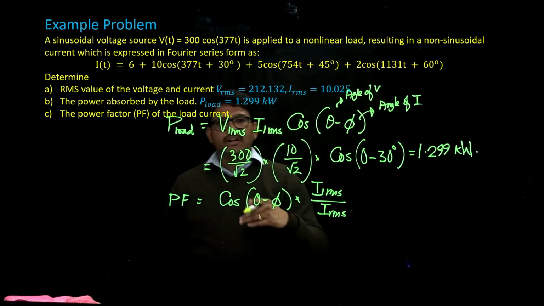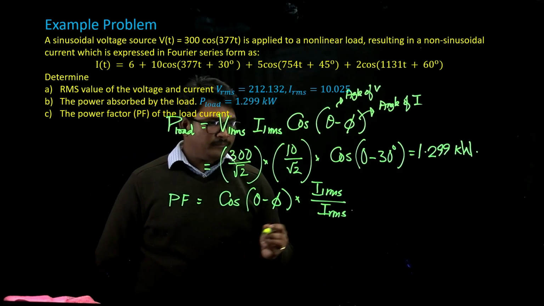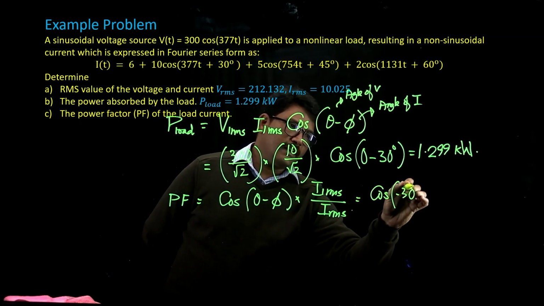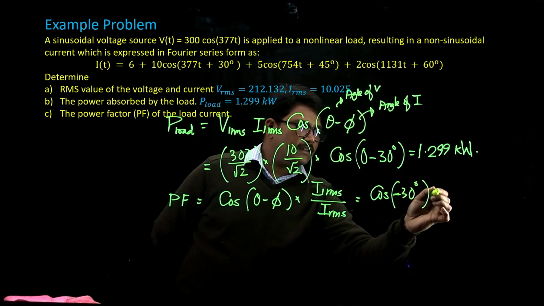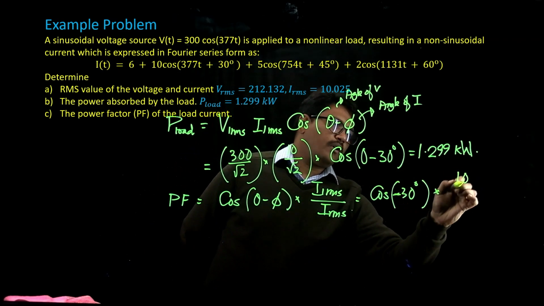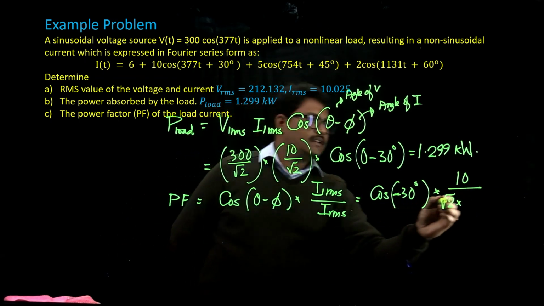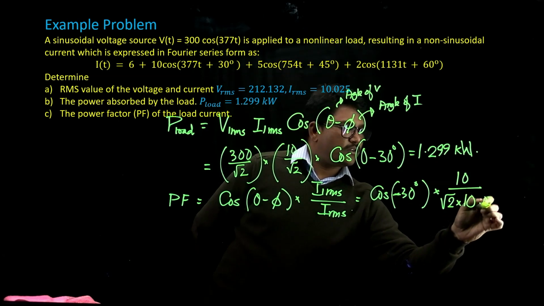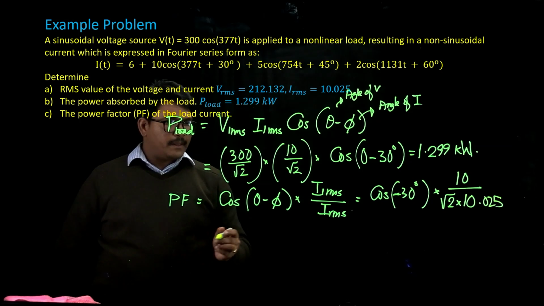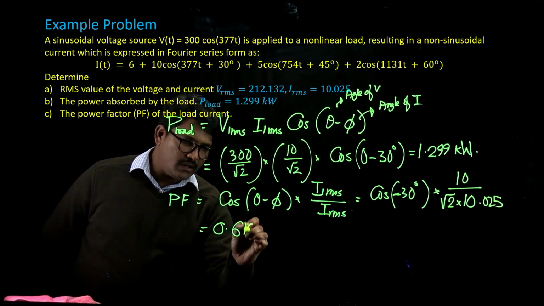There will be some deviation in the power factor because we are drawing some harmonic current here. So the value of that is cos of minus 30 degrees. You have seen that. Whereas the value of I1 RMS is 10 upon root 2 for us. The value of IRMS is 10.025 for us. If you simplify and substitute these numbers, the power factor is going to be 0.6108.